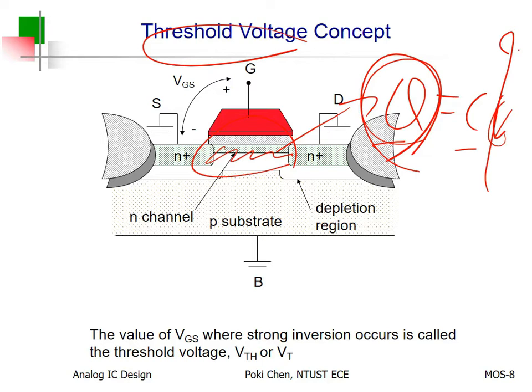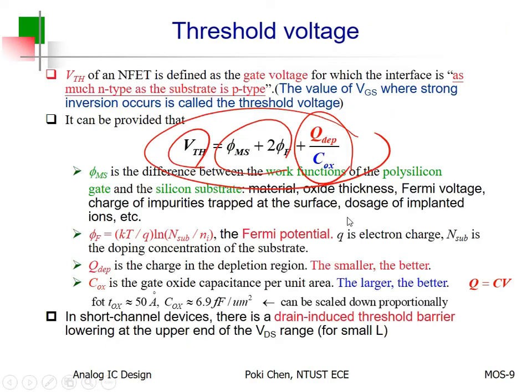So the threshold voltage, you can guess, is proportional to what? The doping concentration. Okay? And then, again, so we have this one. Q, depletion region. The number of charges in the depletion region is proportional to the doping concentration.